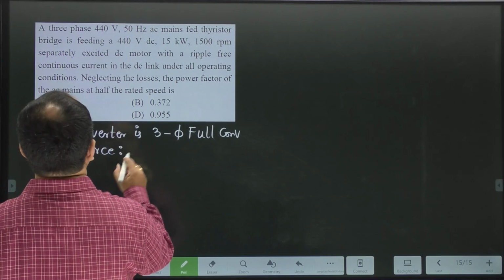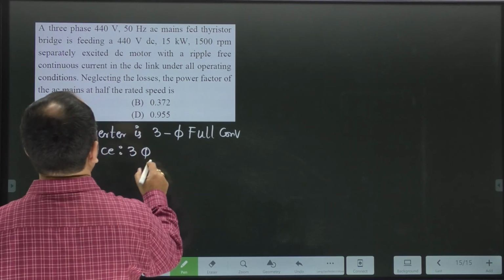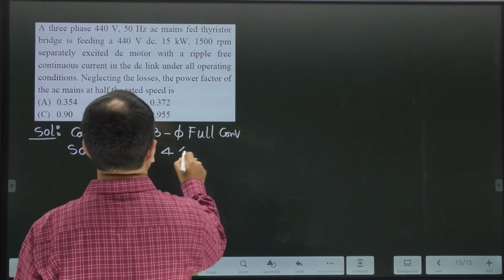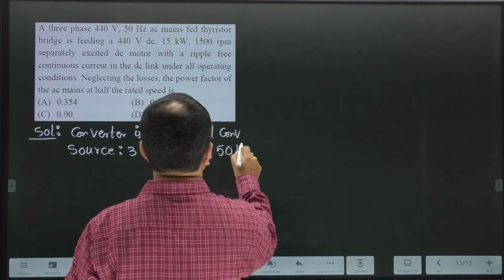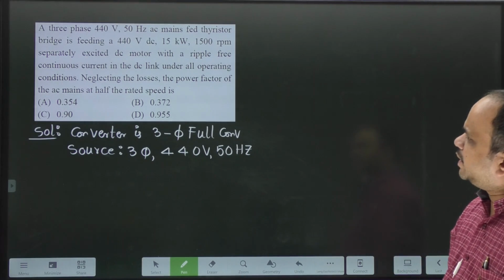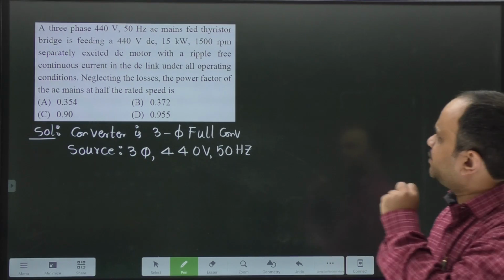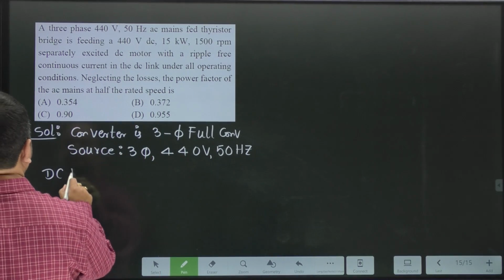Source to that converter circuit is 3-phase 440 volt 50 hertz. Okay.